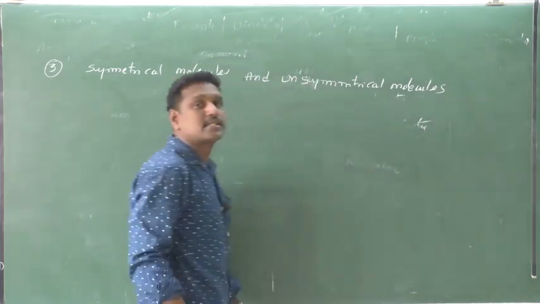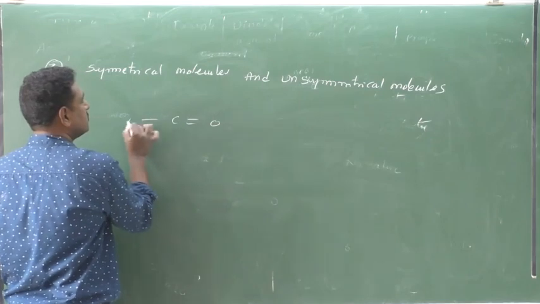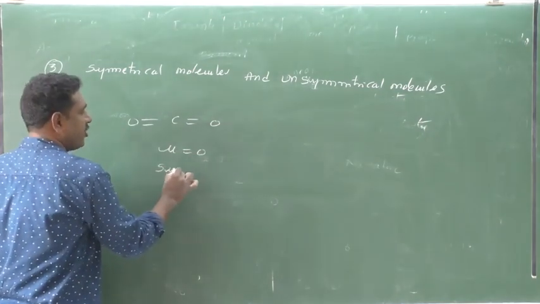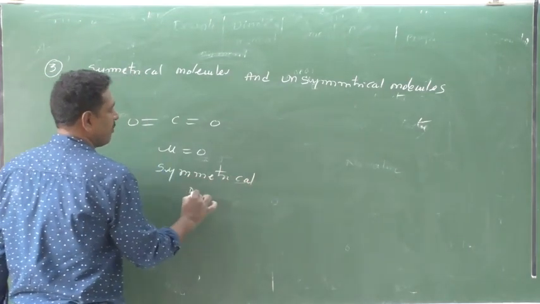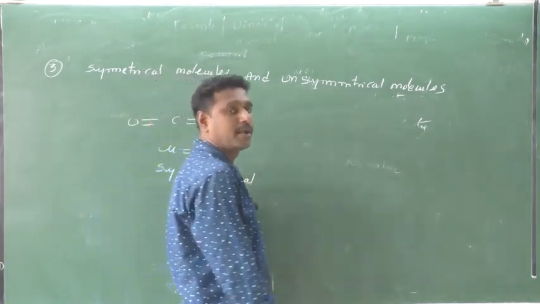I will give an example for this. CO2 is mu equal to 0. Therefore, it is a symmetrical molecule.